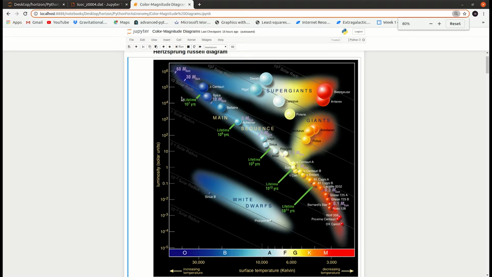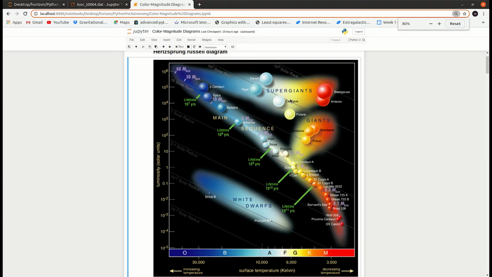Whereas stars over this part, where the luminosity and the temperature are very high, high mass, high luminous, hot stars, have very little lifetime. They immediately turn into these supergiants and might then become a supernova, and then they just die out.